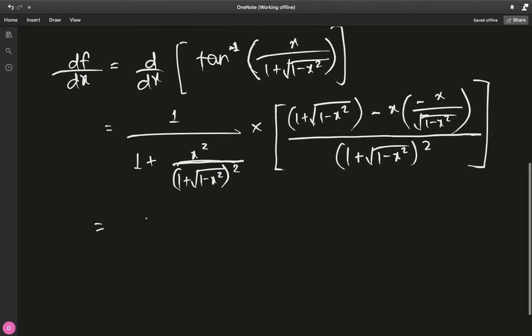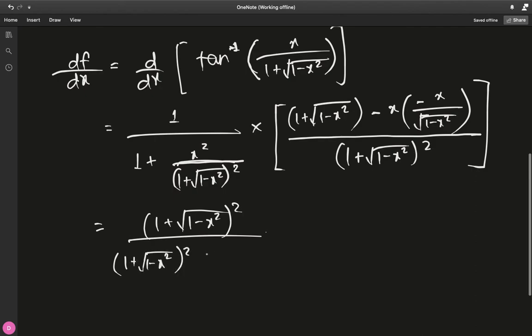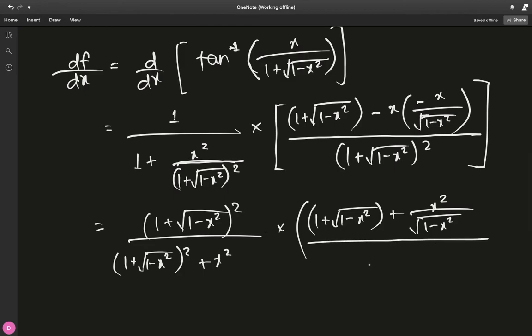That's basically the derivative. We can simplify stuff. So taking the LCM here, 1 plus square root of 1 minus x squared on top, squared like this, and then we basically have this quantity: 1 plus square root of 1 minus x squared, the whole thing squared, plus x squared, multiplied with 1 plus square root of 1 minus x squared plus x squared divided by square root of 1 minus x squared, all over 1 plus square root of 1 minus x squared, the whole thing squared.